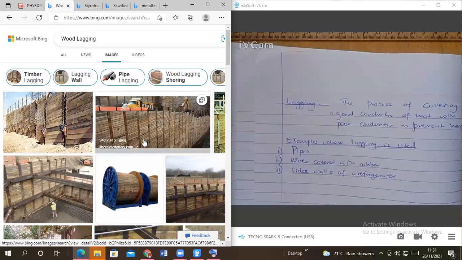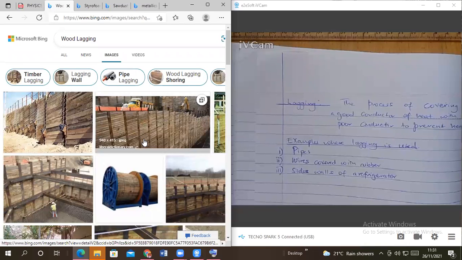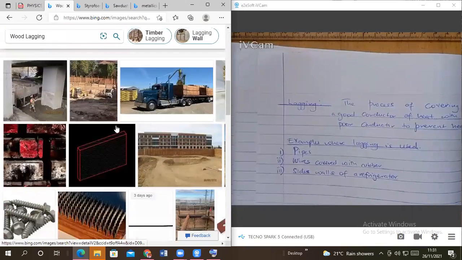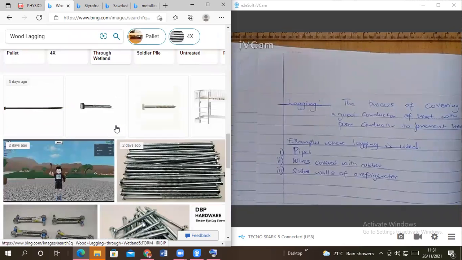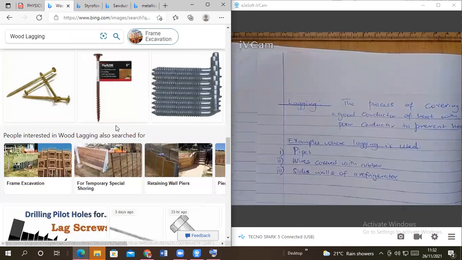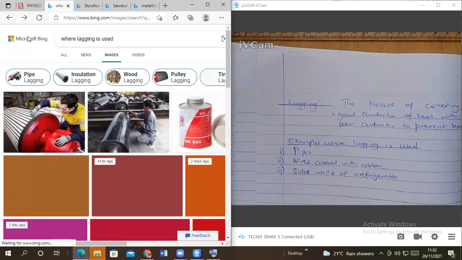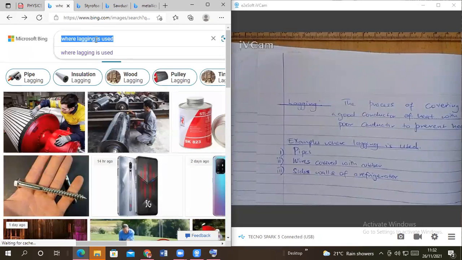Have you ever seen the side walls of a refrigerator? Are they metallic? Some are metallic, but in between them there is a material that is used for lagging them. That material does not allow heat to go through. So see lagging again.